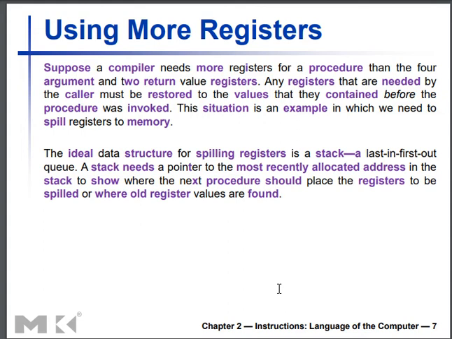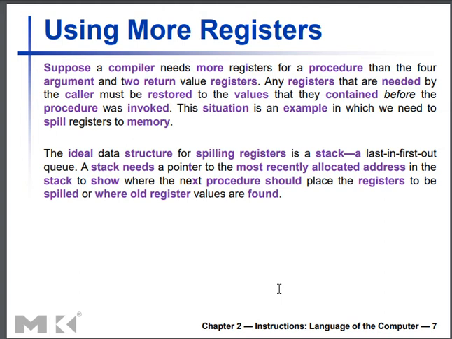Or sometimes the procedure can return more than two values, using registers V0, V1, like four values, something like that. So you are going to use more registers than four arguments or two return values. In this case, any register that is needed by the caller must be restored to the values that it contained before the procedure was called.